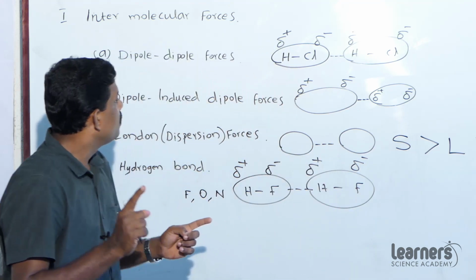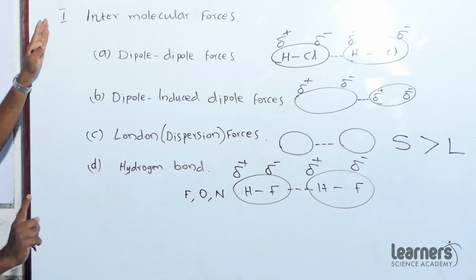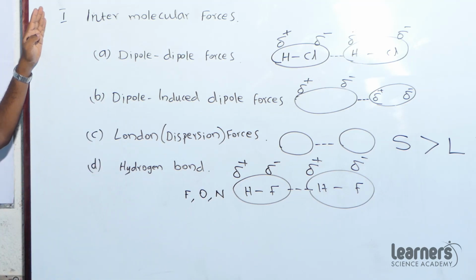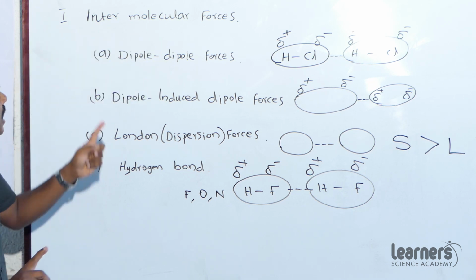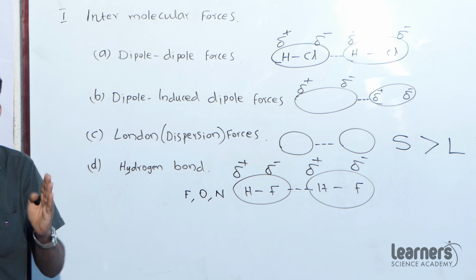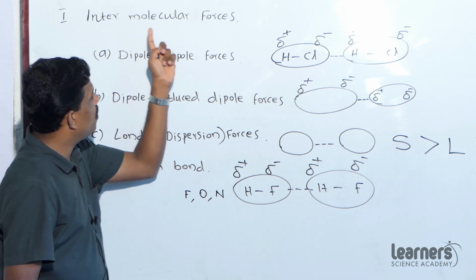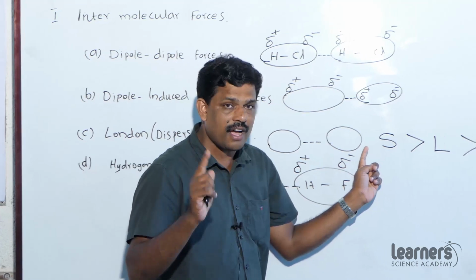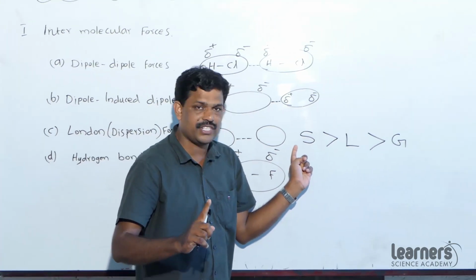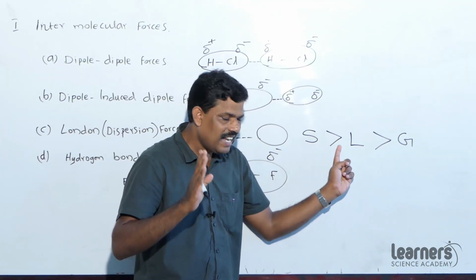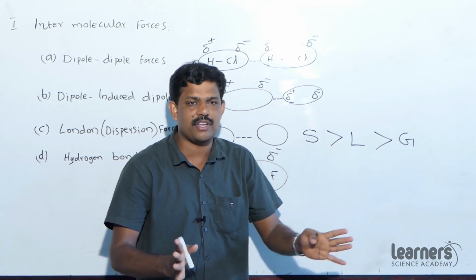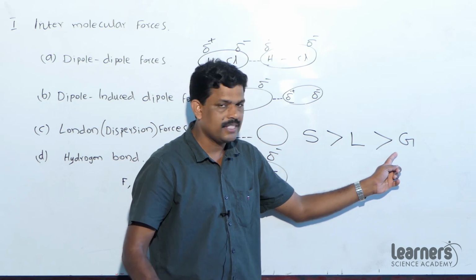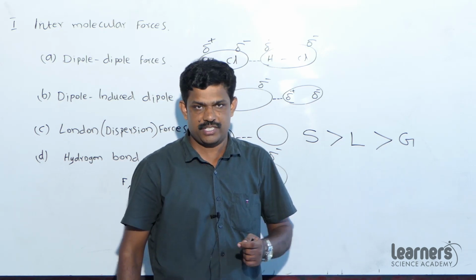The factors that affect the state of any substance are, first, intermolecular force of attraction, and second, thermal energy. When intermolecular force of attraction is higher, it will be in the solid state. If it is less, it will be in the liquid state, and if there is no intermolecular force of attraction, the substance will be in the gaseous state.